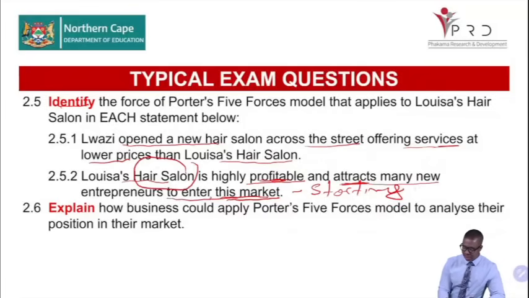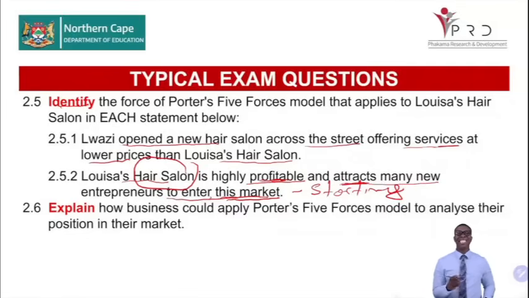So we are therefore saying the Porter's 5 force that is applicable to 2.5.2 should be barriers to enter the market. There are no barriers. There are no threats. It's easy to start a hair salon because it is profitable. But when you look into Lwazi opening a new hair salon across the street, Lwazi is nearer to Louisa's hair salon, and Lwazi is offering the same services at a lower price.